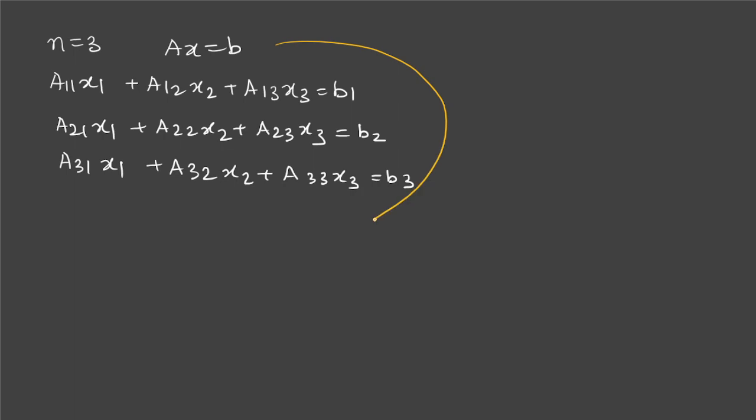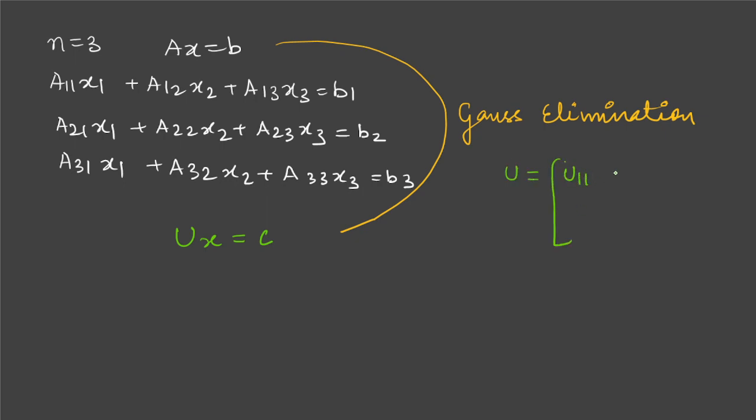Now if I say that by applying the Gauss elimination method you converted it into equivalent equations, what are those? Simply in form, it is Ux equals C. And you know how this U looks: u11, u12, u13; then 0, u22, u23; then 0, 0, u33.